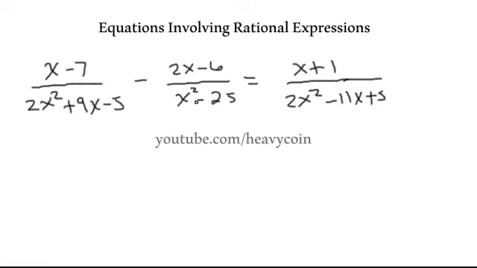So we want to get a common denominator here. Now we've got the difference of two squares. I think what we're going to do is I'm going to factor both of these and see what we got, because we may have a common factor.